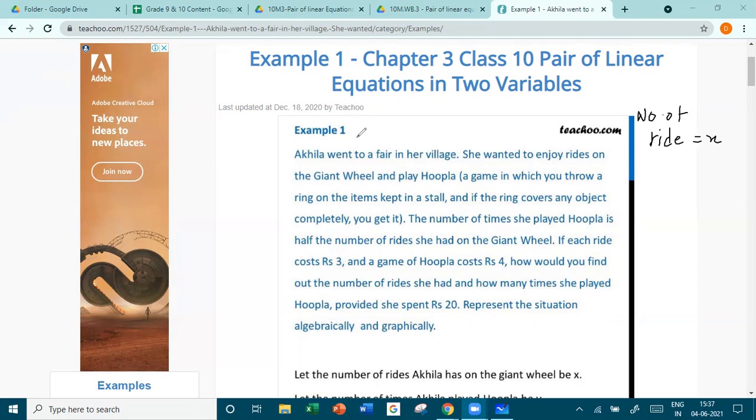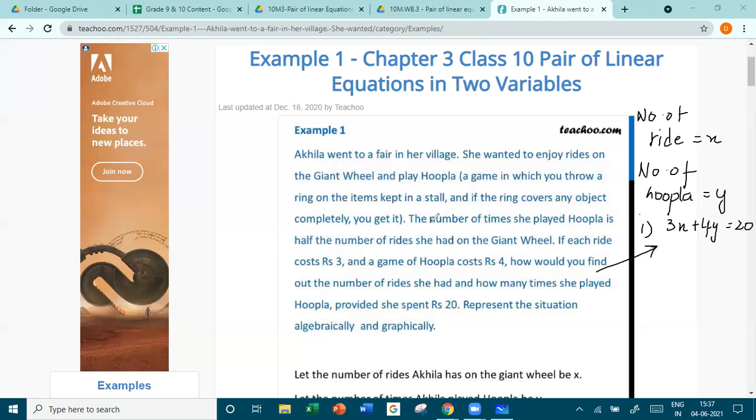Yes, Vasudha, correct. You get your first equation to be 3x plus 4y is equal to 20. Correct? So this is this one, right?